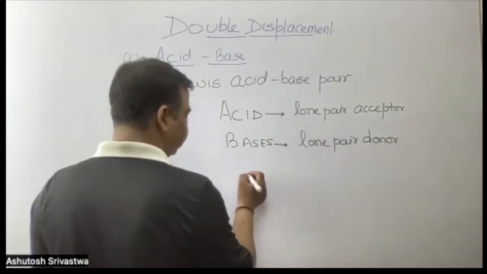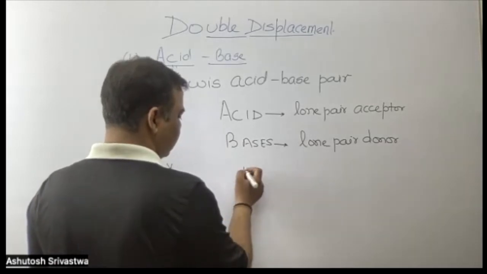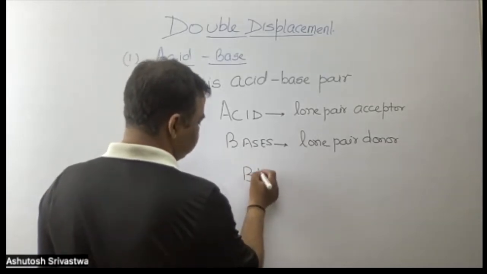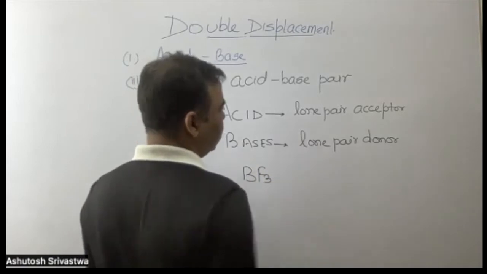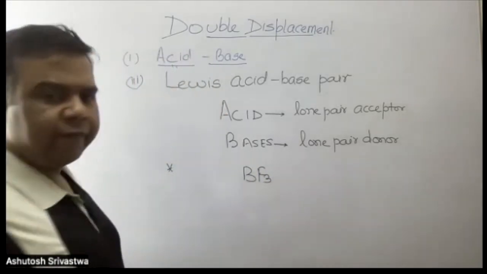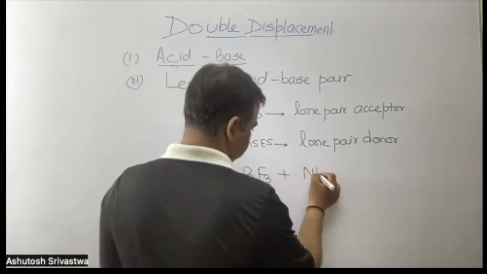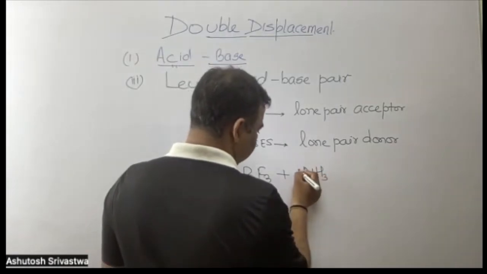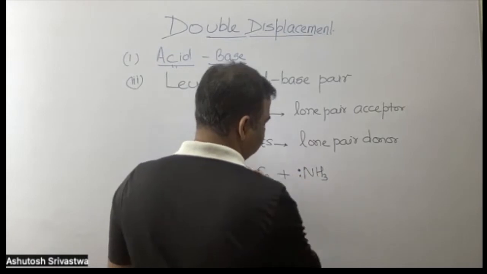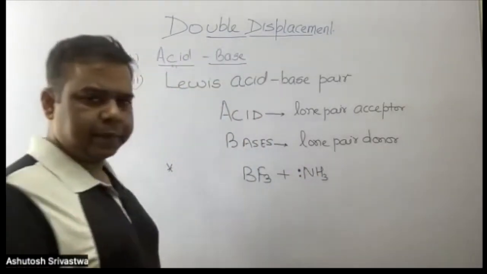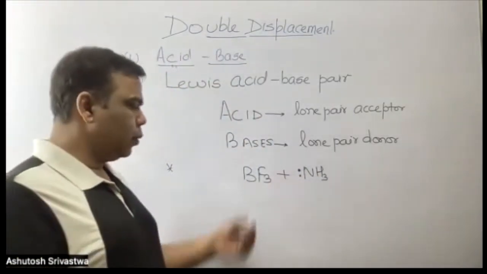Let me give an example. Here, ammonia and BF3. Suppose this is BF3, boron trifluoride. And here we have ammonia. It contains one pair extra which can be donated to the boron.